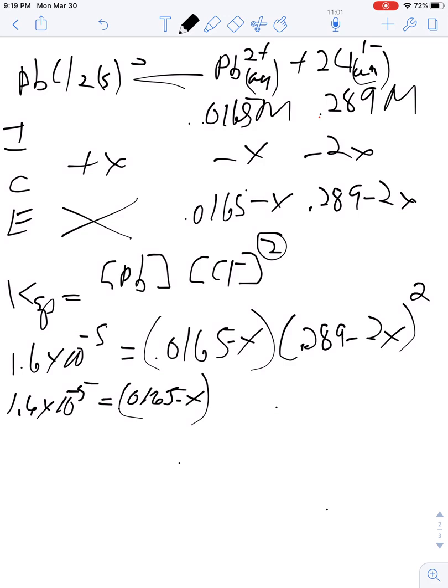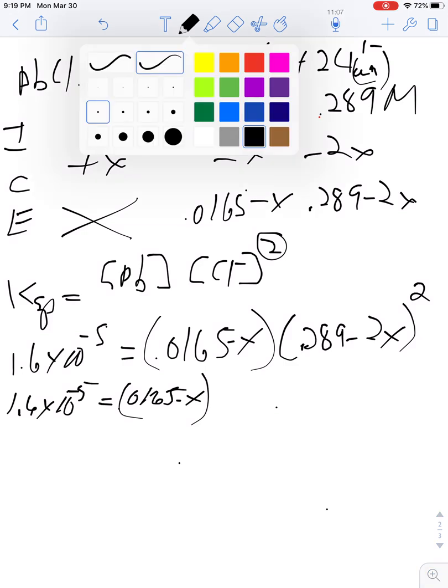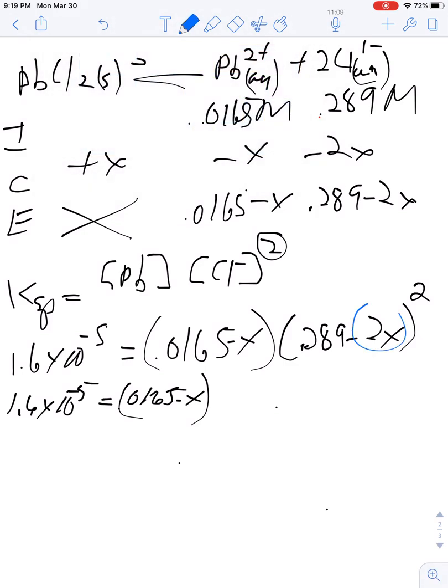In this case, this x should be too small because of the square. And if it's not, well, then we can always go back and solve a trinomial.